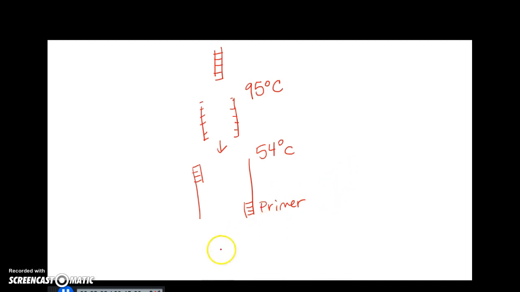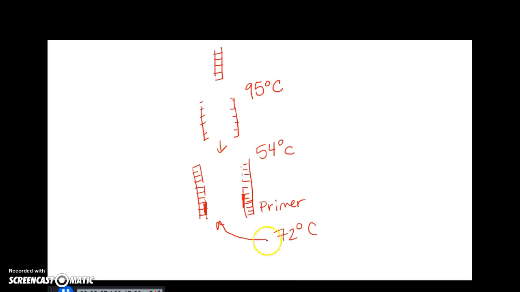Okay, and then lastly, at, what was that, 72, somewhere around there, what's going to happen is the rest of it is going to form. Okay, and eventually with some ligase, we're going to connect everything together and we'll have two copies.